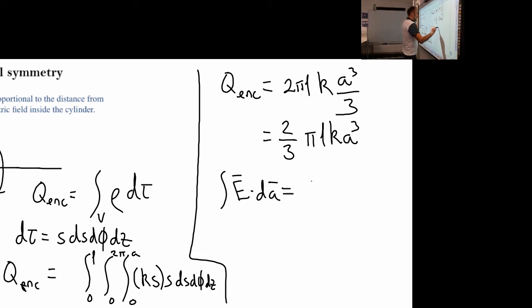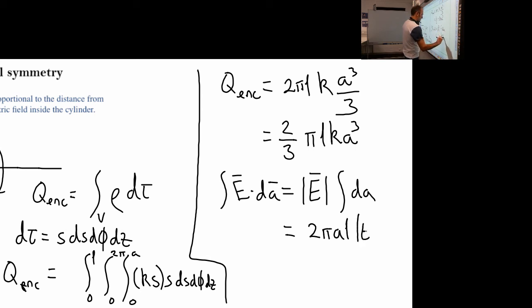So E can be taken outside, and we have E times the integral of dA, which is just the surface area of the cylinder. When we do this integral, we have 2 pi AL times the electric field. So that's one side.